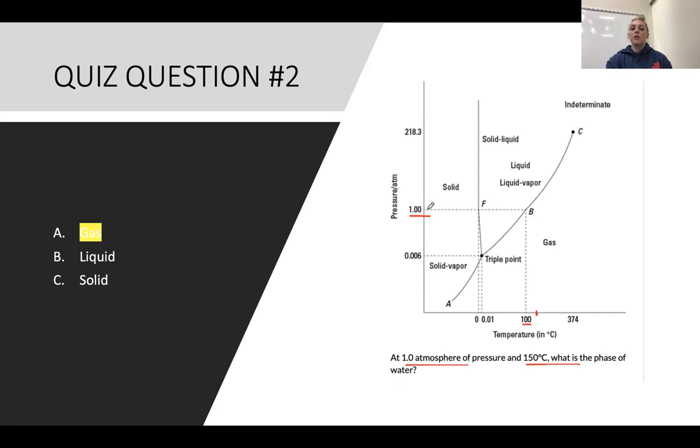And then all you're going to do is draw a line out from your pressure until it reaches the temperature right here. And then you draw a dot. And then you look and you say, okay, that's in the gas phase. So it's pretty simple. It's just, again, knowing how to read the diagram and how to use that.